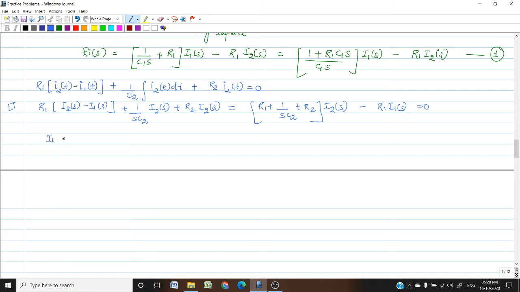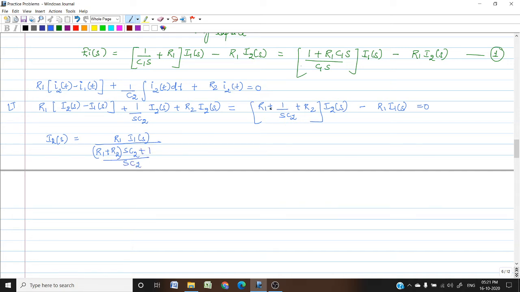So with that I can write I2 of S is equal to R1 I1 of S whole divided by (R1 plus R2 S C2 plus 1) divided by SC2.